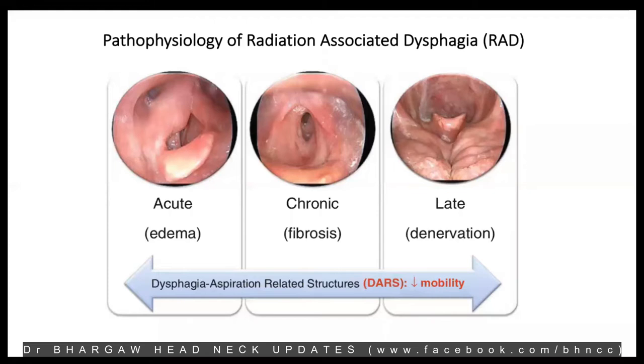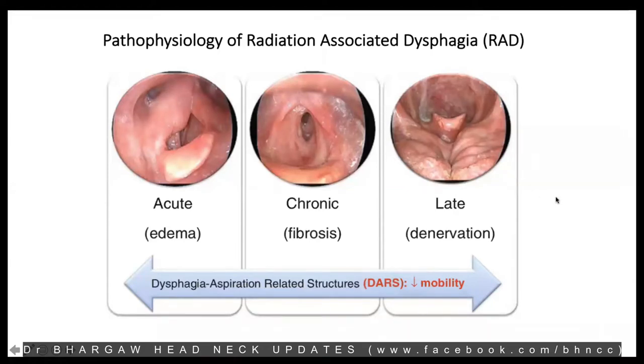There's deposition of fibroblasts and collagen tissue, and this swollen tissue stays like that. Because of chronic fibrin deposition and chronic inflammation in that area, the sensory nerves that supply sensation to the inner part of the larynx and pharynx start getting de-innervated.